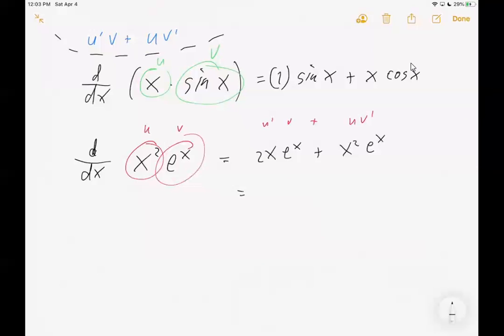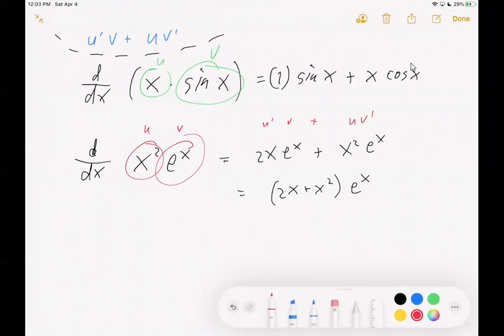You're probably, if you look it up in the back of the book, going to see something more like 2x plus x squared times e to the x, where e to the x will be factored out. But both answers are equally good depending on the situation. If we're trying to find the zeros based on the derivative, we would want the second version.